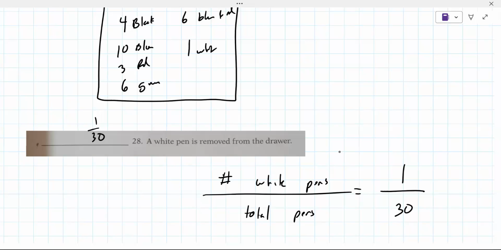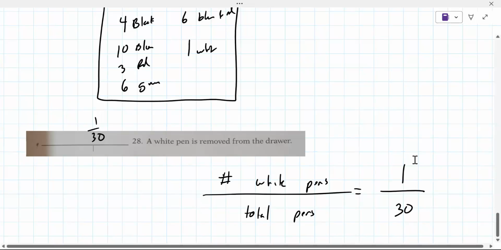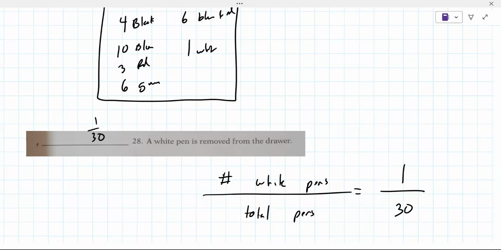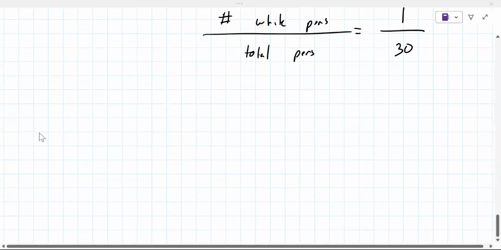And then the 6 blue and red. All right. Now let's look at 29. They've made this problem unnecessarily difficult with the pens that are both blue and red. How does a pen be both blue and red? I don't get that.